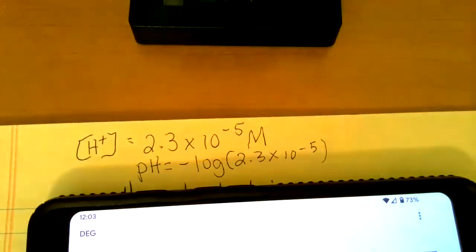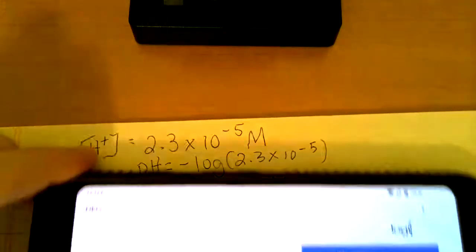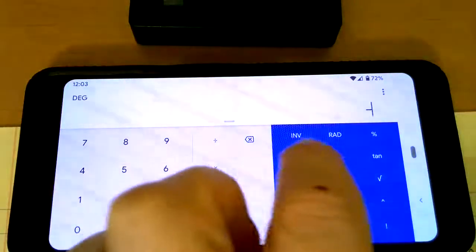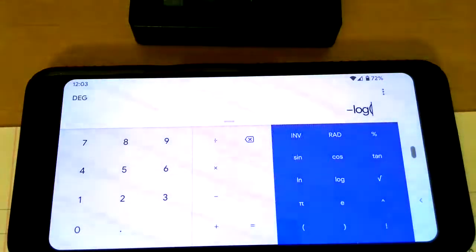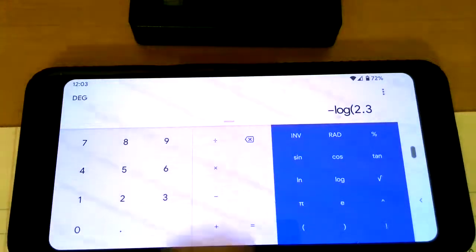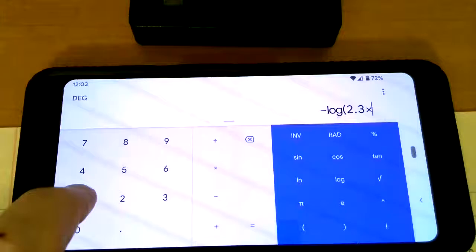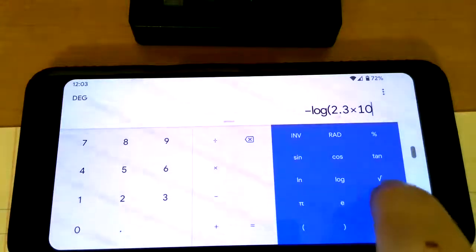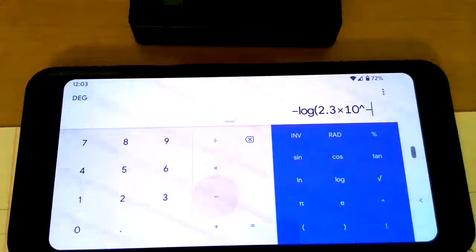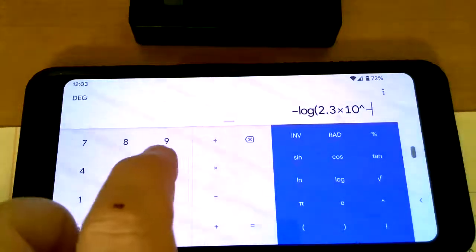In my calculator, I'm pressing the minus sign, the log. You can see it there. I'll do that again for you. I'm going to hit the minus sign, the log button, gives me the parentheses, 2.3 times 10, upside down V, negative with a minus sign, 6.